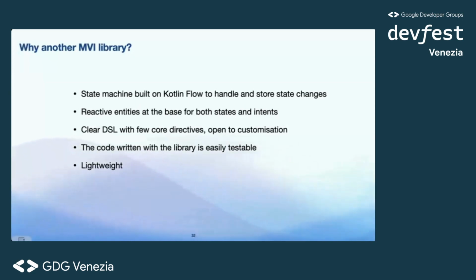So here are some pros of our library. The state machine is built on Kotlin Flow to handle and store state changes. We've seen that. We use reactive entities for both states and intents. We have, hopefully, a clear domain language with a few core directives that are open to customization.